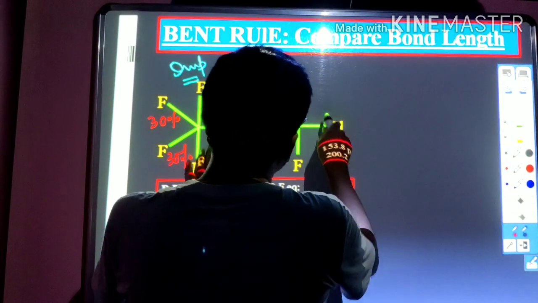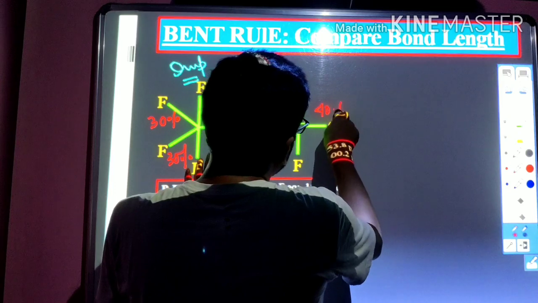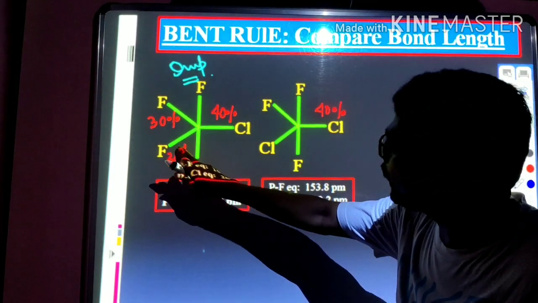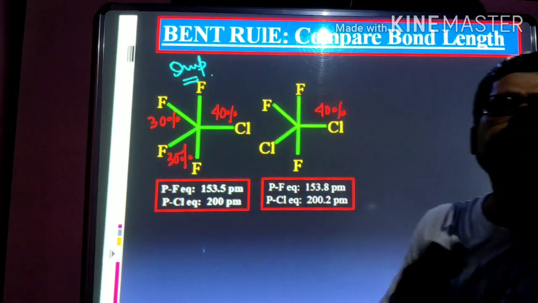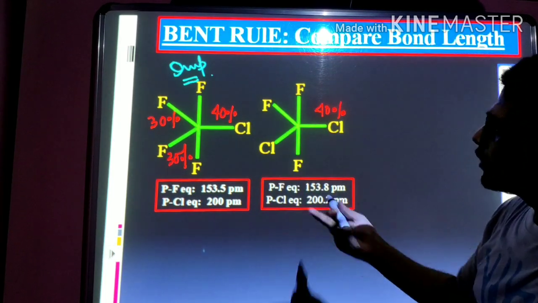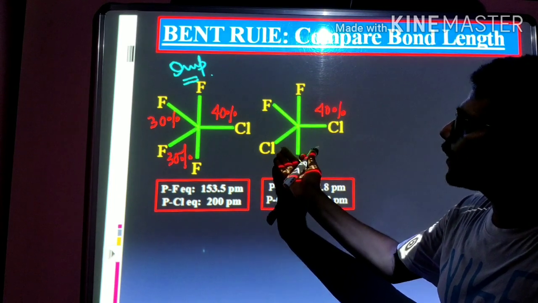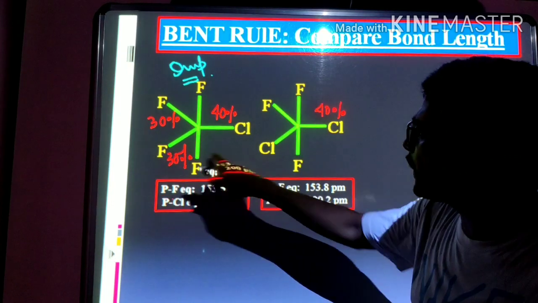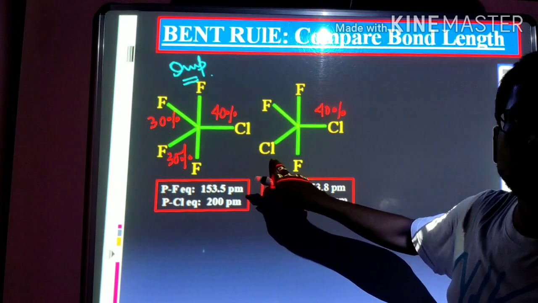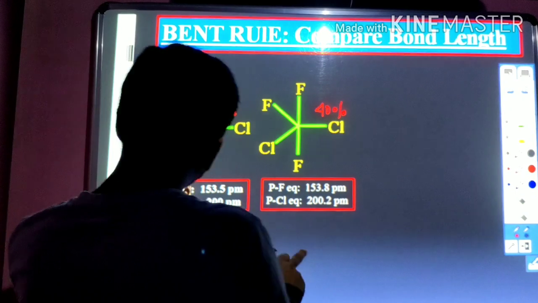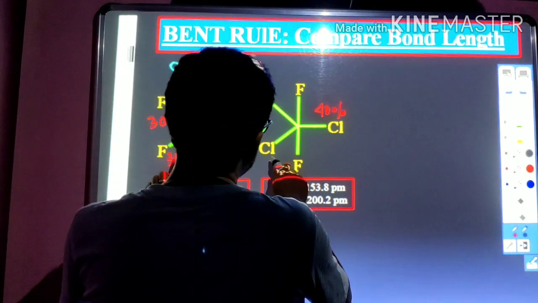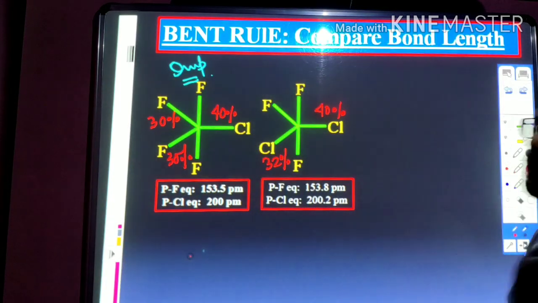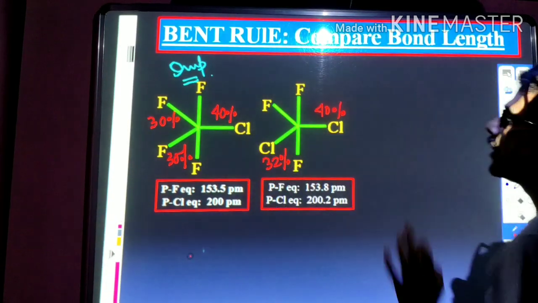Say keep here 40%. Don't disturb that one. If you replace fluorine by chlorine, what will happen? The percentage of S character will be increased because it is a less electronegative element. So say the percentage of S character increases to 32. 2% increases.